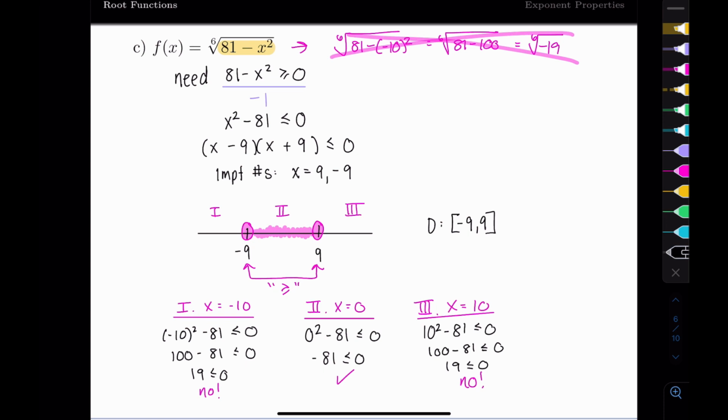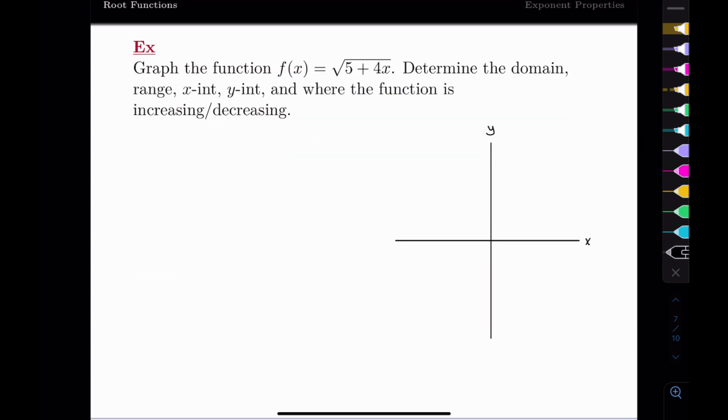So again, finding the domain is the most important part, because when it comes to graphing, if you can find the starting x value, what your domain has to be, yes, we know all these other transformations, the left, right, up, down, but anytime those compressions and stretches are in there, like in this one having a 4 attached to the x, it definitely makes it harder to get a good graph, but I know this is a square root function, so I know that its overall shape is going to look like this.